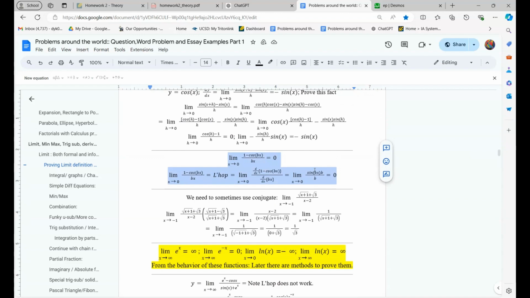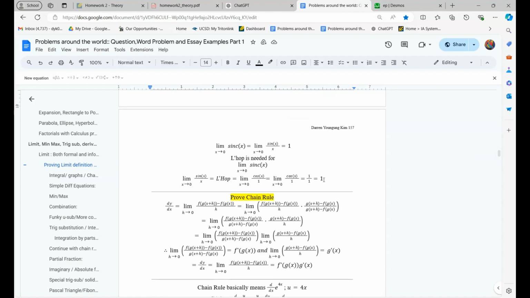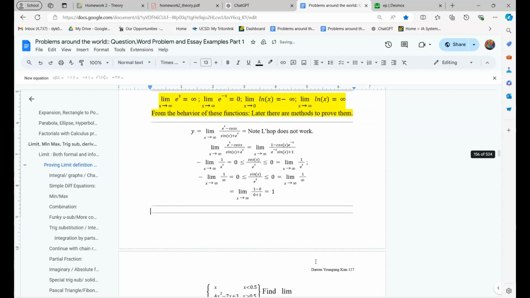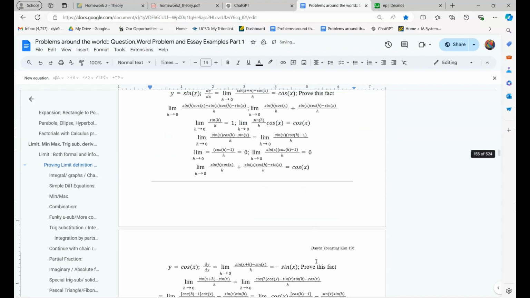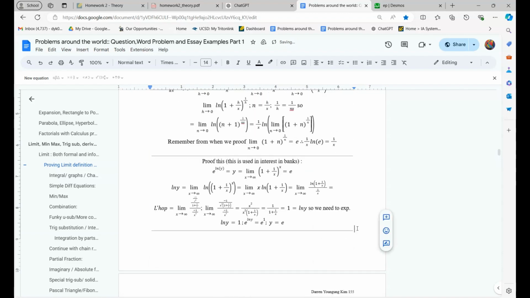Maybe I should explain it. No, did I explain chain rule yet? I just realized I'm not sure if I did explain chain rule yet. Oh, I did not. Huh. So that's an oversight. This, in my opinion, should be up here.